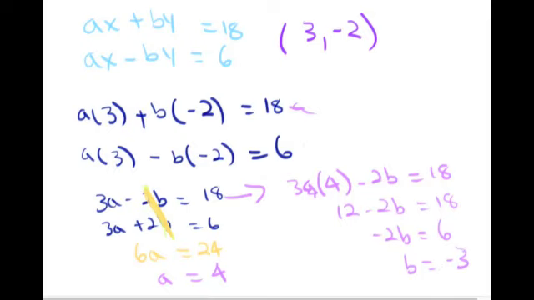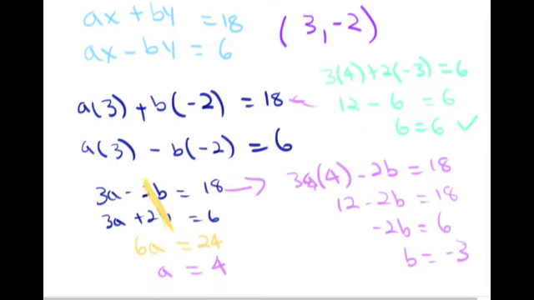And now we check in the second equation just to make sure again. So we get 3 times 4 plus 2 times negative 3 equals 6. So 12 minus 6 equals 6, and 6 is indeed equal to 6. So that's how you use the addition and subtraction method to solve a system of equations.